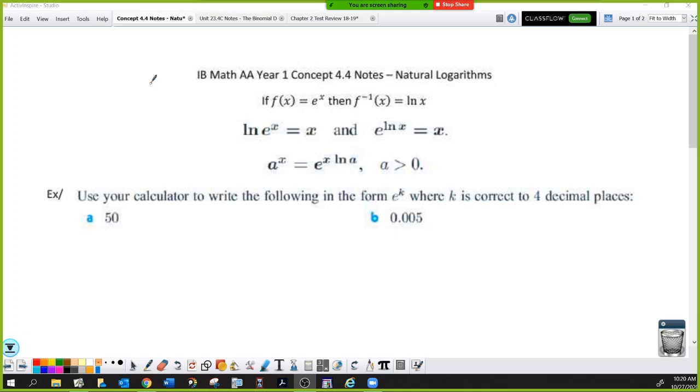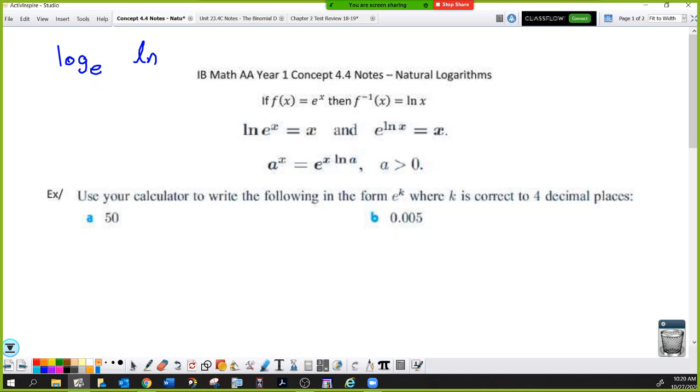Well, e is called the natural base. So ln, which stands for log of natural base, is literally log base e. So instead of writing log base e over and over again, mathematicians eventually just got lazy and said ln, log of natural.